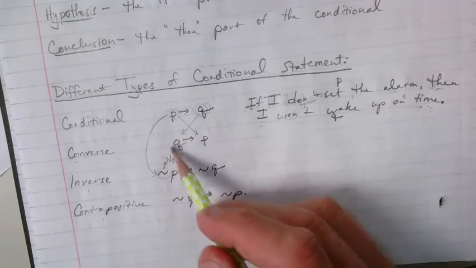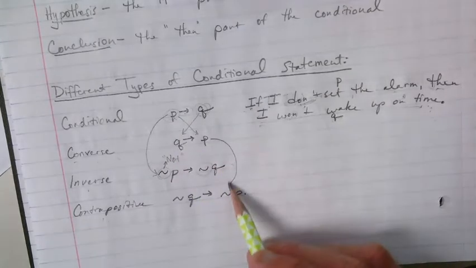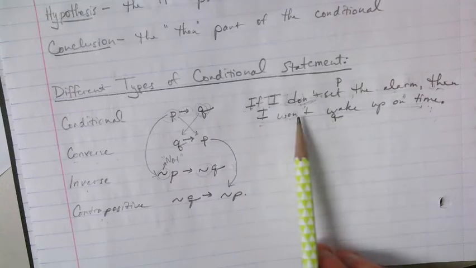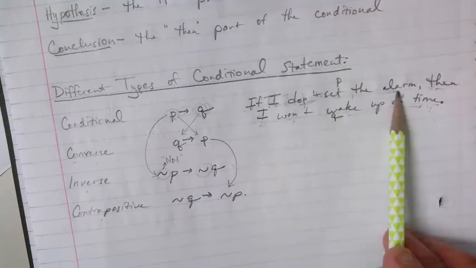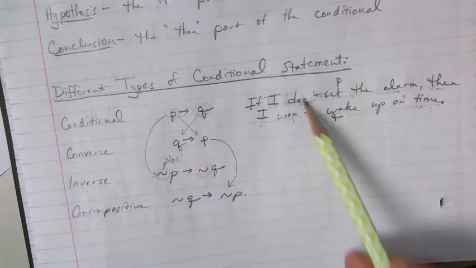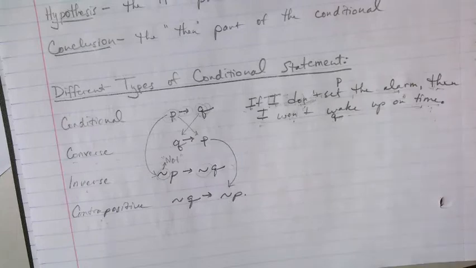Okay? The contrapositive is the negative form of the converse. Okay? So that would be this. If I do wake up on time, then I did set the alarm. Okay? So again, you can change the tenses of these as long as you don't change the meaning of the statement.